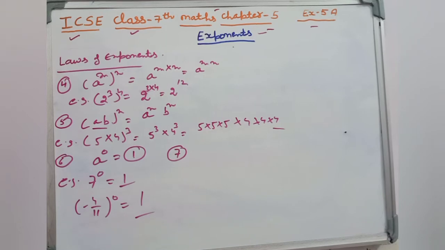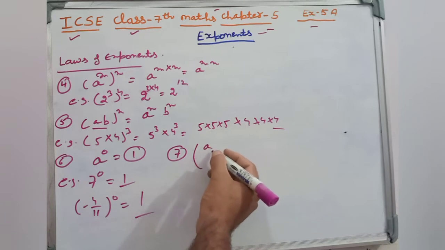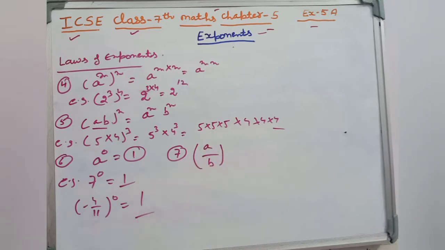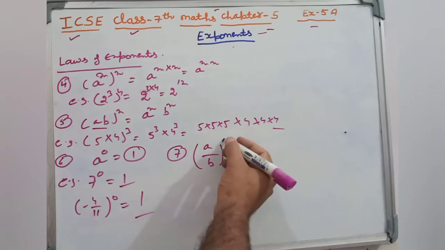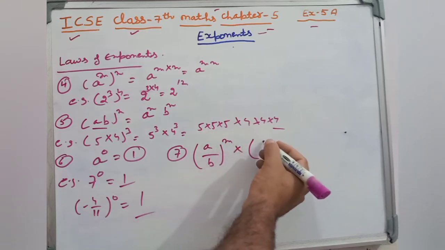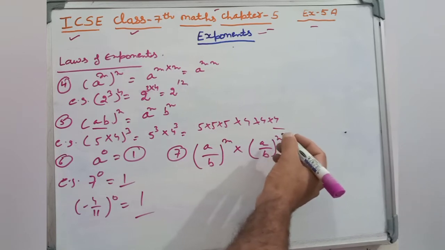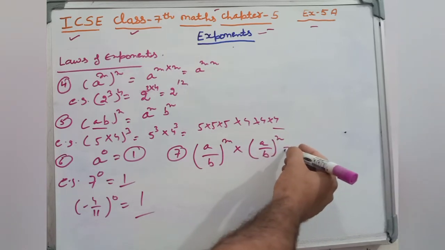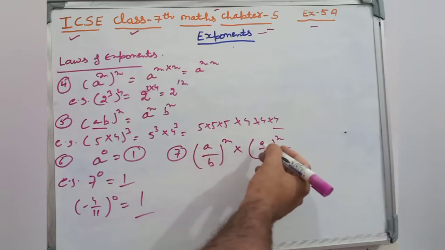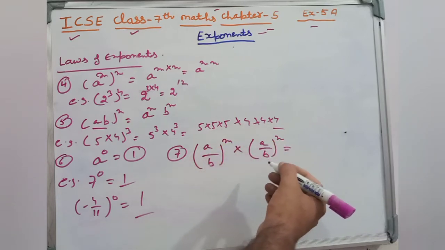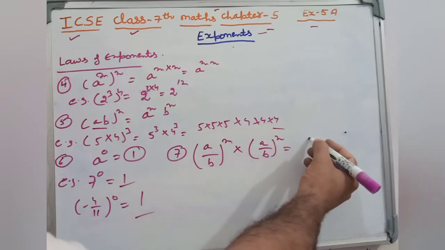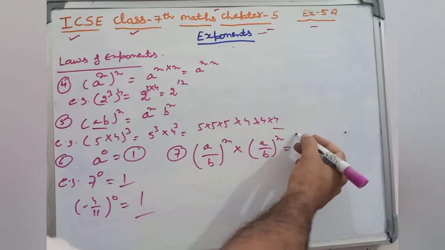You have to keep in mind, if I write a fraction a upon b raised to power m multiplied by a upon b raised to power n, here this is in the form of a fraction, but the base is the same, a upon b, a upon b. Whenever the bases are the same and we multiply, the powers are going to add.